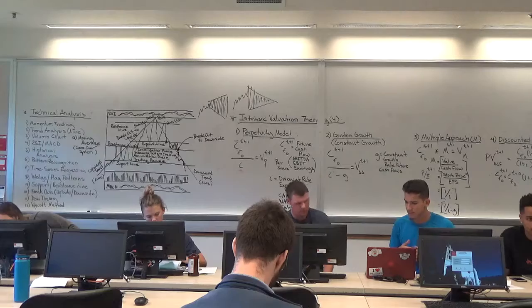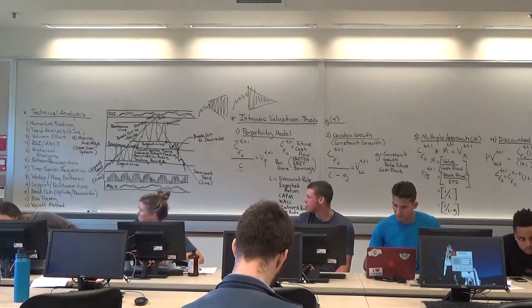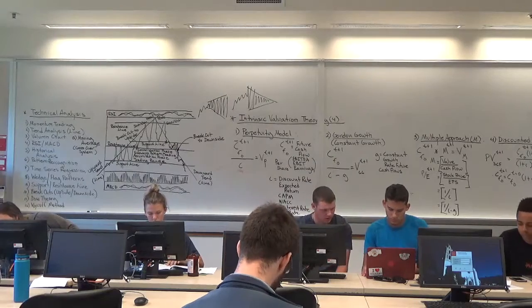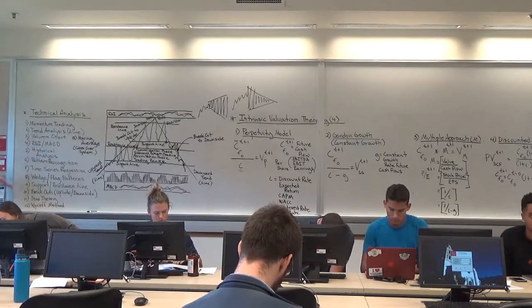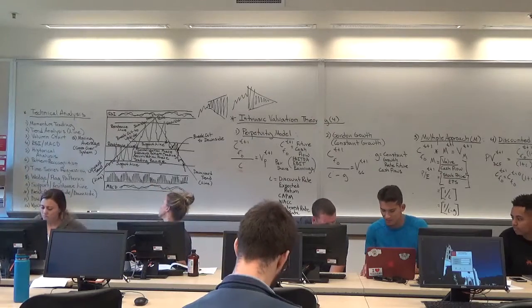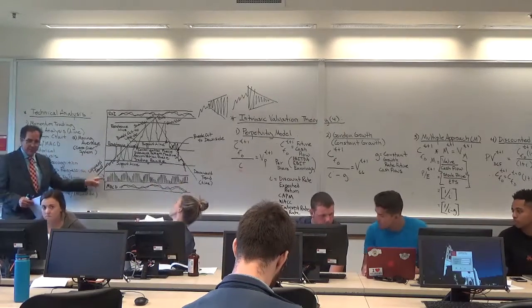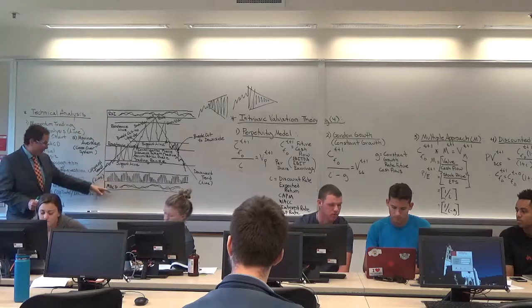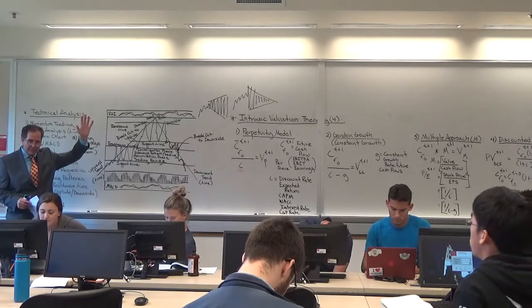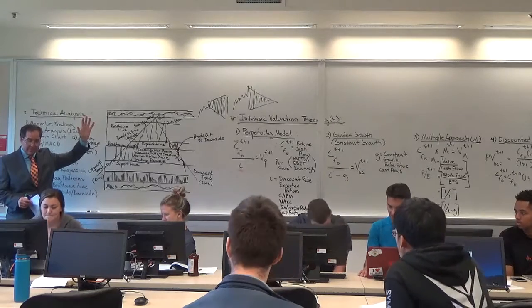All right, so let's go through. Is everybody clear on the technical analysis? I've actually updated this. Everybody understands RSI and MACD. If it's moving upwards, stock prices are probably going to go up from a momentum standpoint.